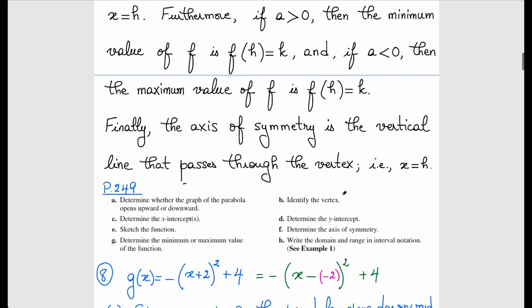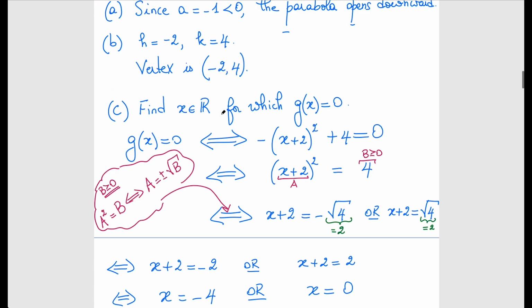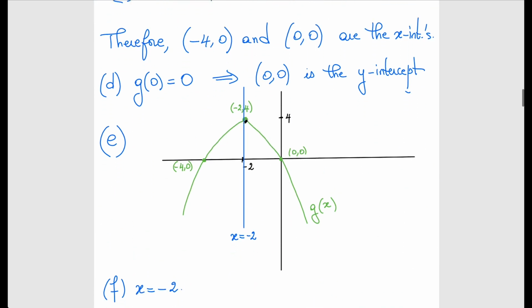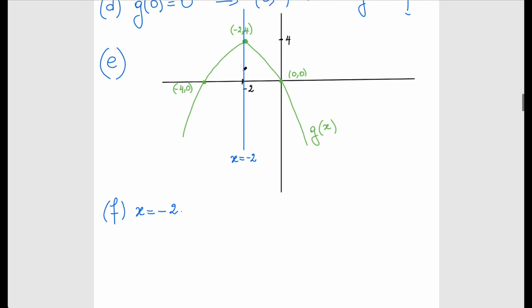Correct? So in our context, we're going to have a maximum value because a is negative. It's going to occur at h, which equals -2, and the value is going to be f of h, which is 4. Correct? That point, I'm talking about the vertex technically, the height of the vertex. That's the largest value that the function takes, correct?